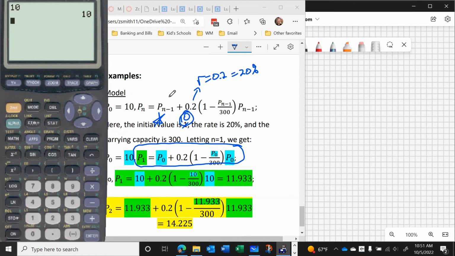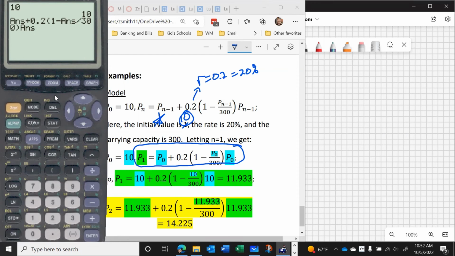So it starts off with answer button, and then plus 0.2, and then a parenthesis, and then a 1 and a minus, and this is answer button divided by 300. And then a right parenthesis, and then this is answer button.